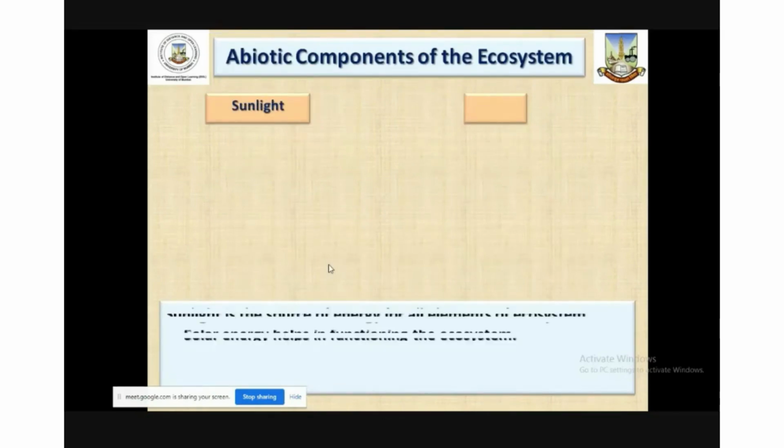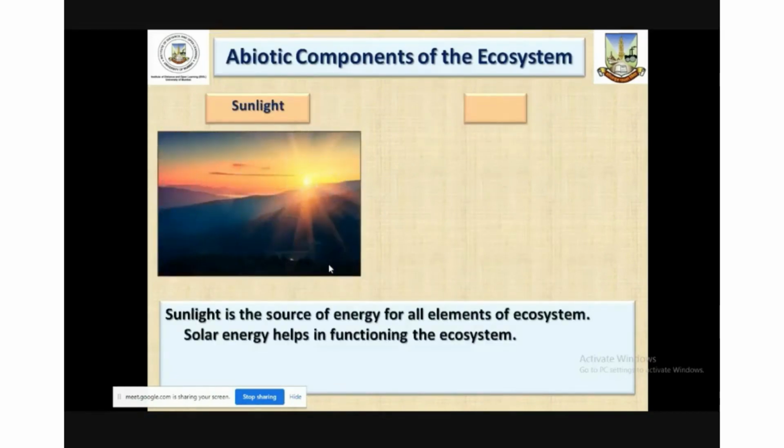Now let us try to understand the abiotic components first. Sunlight is the main source of energy for the ecosystem, and solar energy helps in the functioning of the ecosystem, because sunlight is required for plants to produce their food through the process called photosynthesis.